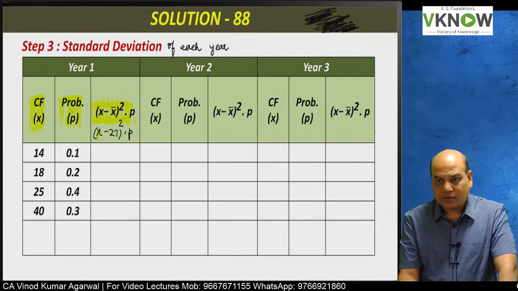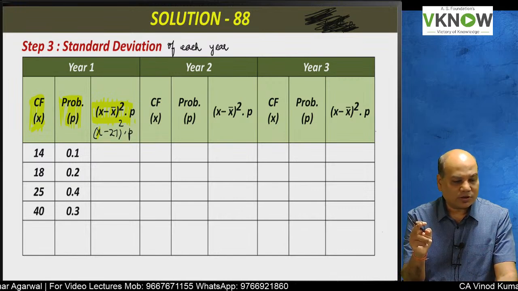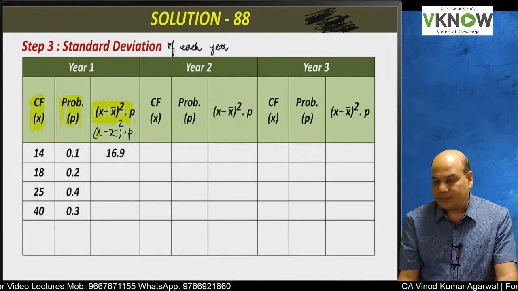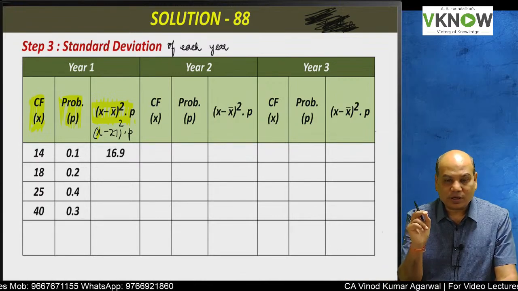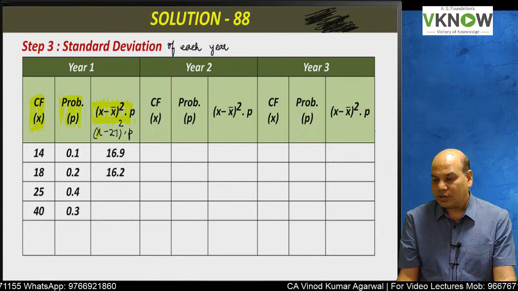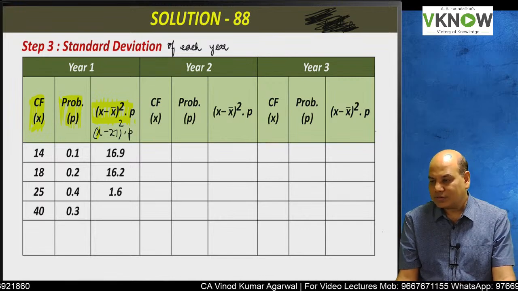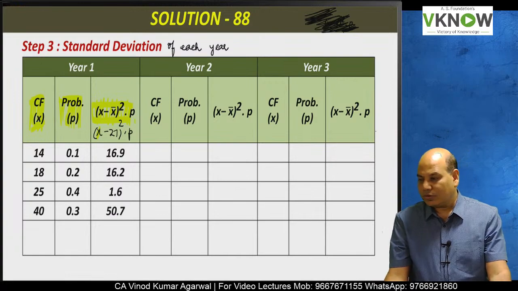Take on your calculator 14 minus 27, squared, into 0.1, 16.9. 18 minus 27 squared into 0.2, 16.2. 25 minus 27 squared into 0.4, 1.6. 40 minus 27 squared into 0.3 equal to 50.7.